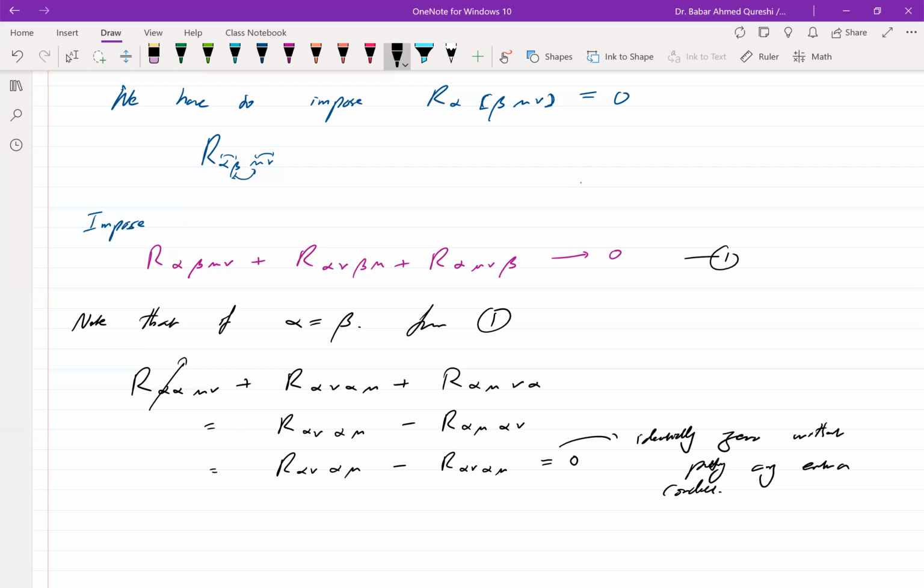That means I just use the previous ones, those which I've already counted. So what did I count? That they are antisymmetric within the first two and the last two, and symmetric under the exchange of the pair. Then the cyclic property already holds. I don't have to count it separately because, as I mentioned before, they are not independent.